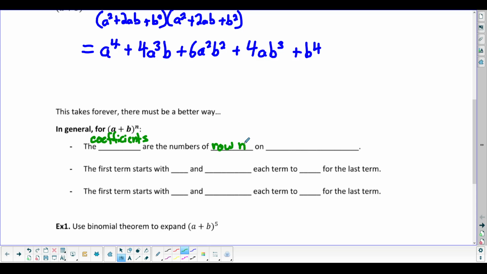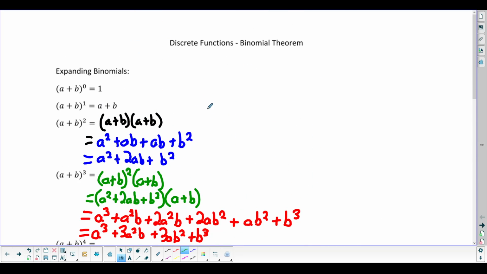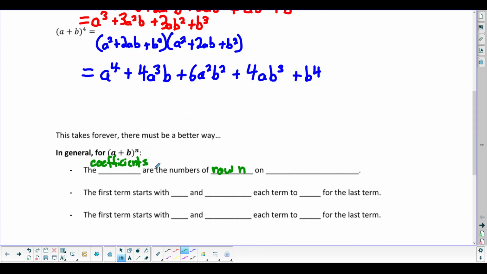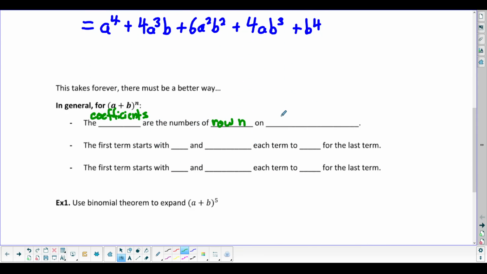And remember, when we talked about Pascal's triangle earlier, we said the top row, that's just 1, is row 0. So row 0 is 1. Row 1 is 1, 1. Row 2 is 1, 2, 1. Okay, so we can see those coefficients happening. So the coefficients are the numbers of row n of Pascal's triangle.